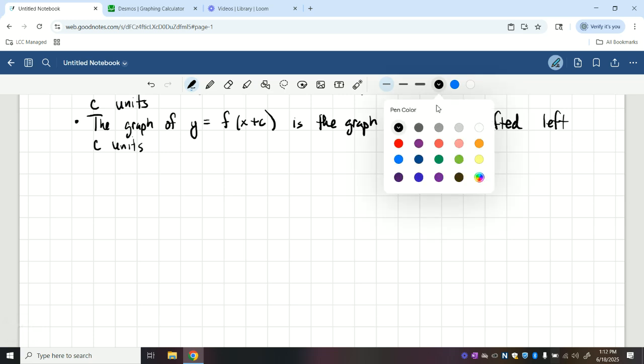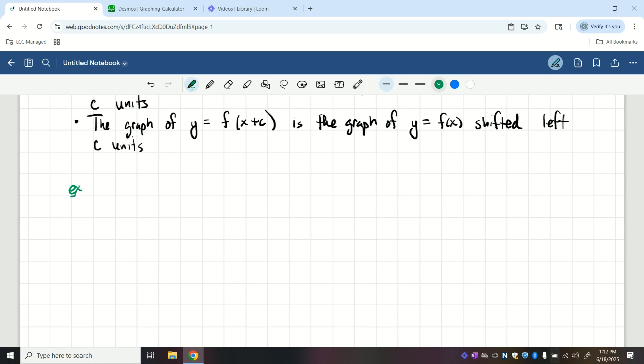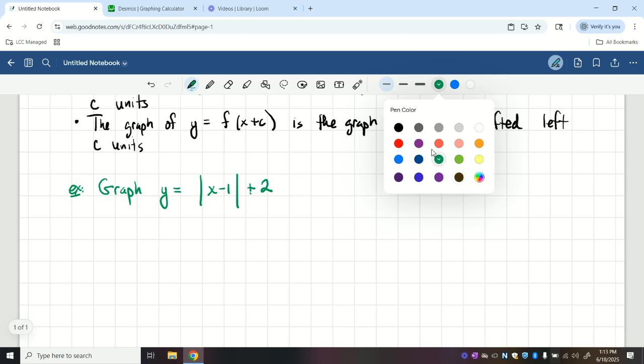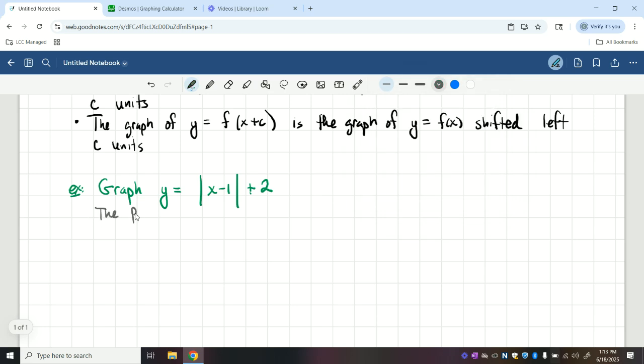We're going to graph y equals absolute value of x minus 1 plus 2. Alright, so we should look at the parent graph first. The parent graph here is going to be the absolute value graph.